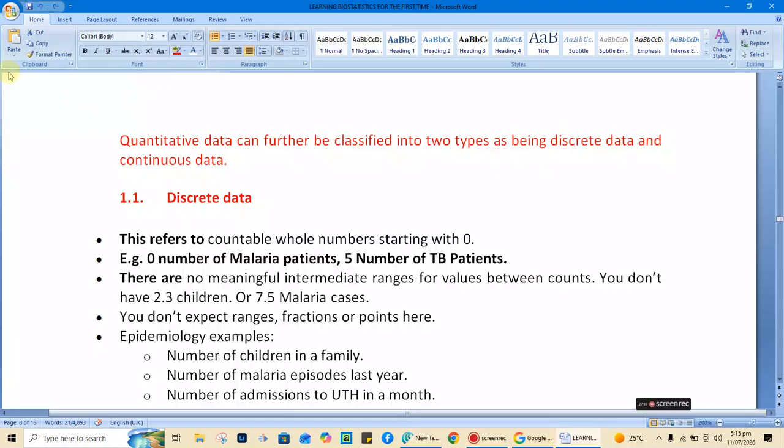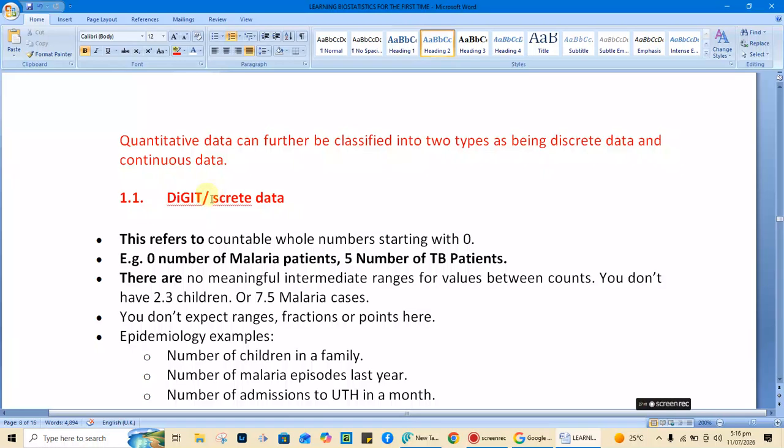Discrete data. Think of discrete as the same thing that would come from digit. Digit is a number, right? A whole number, like digit 0, 1, 2, 3, 4, 5, 6, 7, 8, 9, 10, and there's nothing like 7.9, 7.8. So it's a digit.